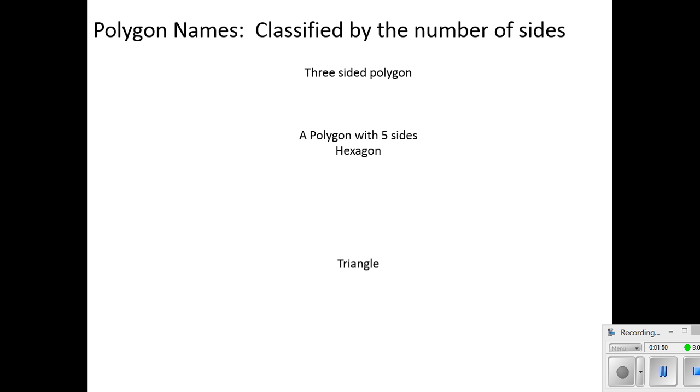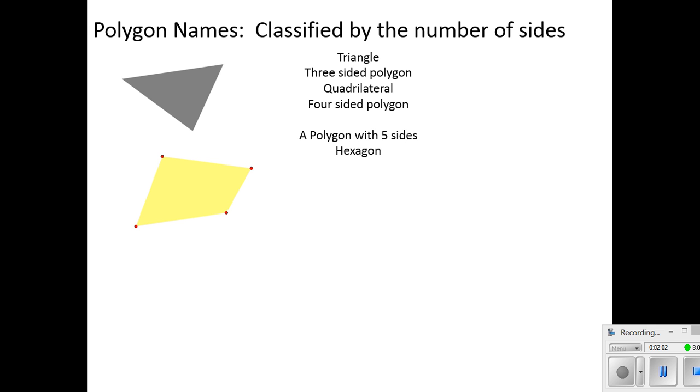Okay? We know we can classify them by their sides. A triangle is a 3-sided polygon. A quadrilateral is a 4-sided polygon. Of course, there are many different kinds of quadrilaterals: squares, rhombuses, parallelograms, rectangles. But in general, they all have 4 sides, and therefore they are quadrilaterals.